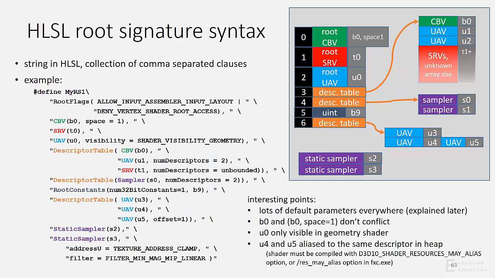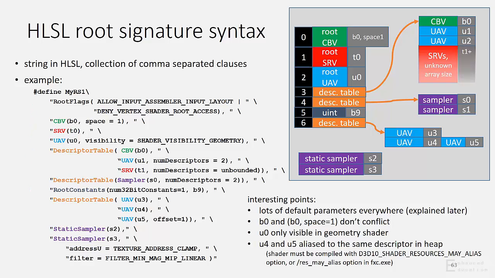This is what a root signature declaration looks like in HLSL. It's a string consisting of a collection of comma-separated clauses. The example root signature declared here is illustrated in this diagram. Now I'll go through all of the entries in this example briefly, and the following slides will go into all of the options that are available in detail.